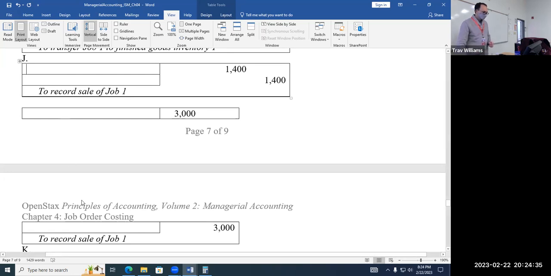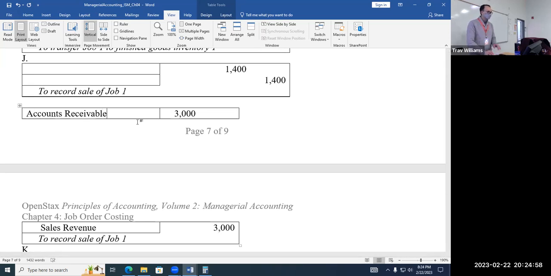So this bottom one here for 3,000. Going to be sales, oops, sales or sales revenue, either way. This is probably going to be accounts receivable, unless the customer paid cash. And what about these two?